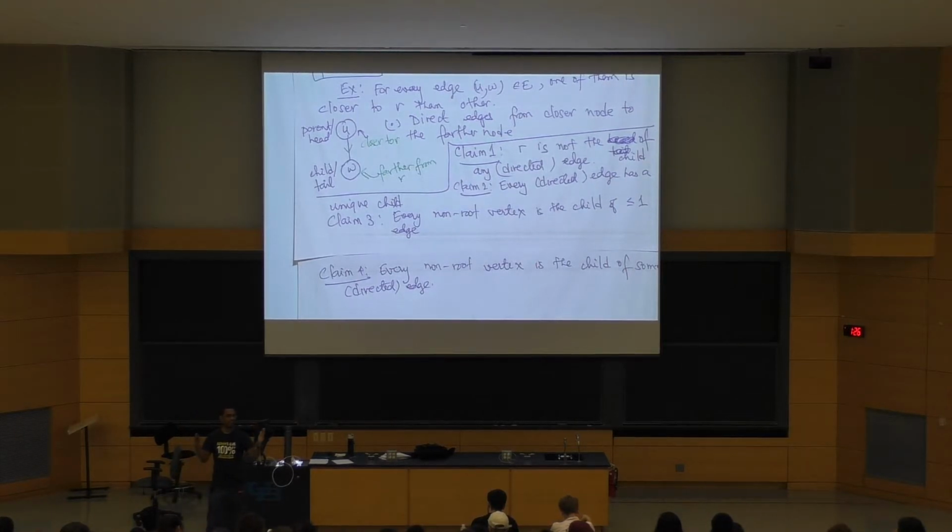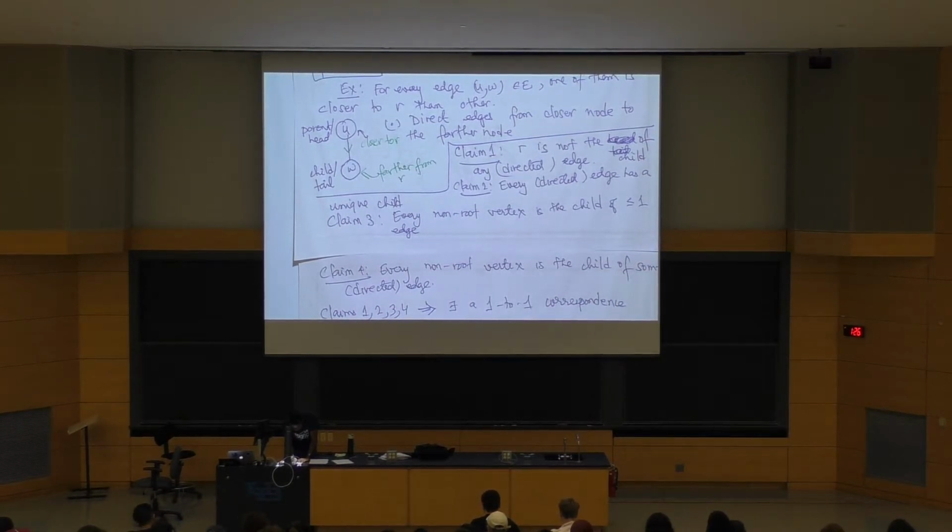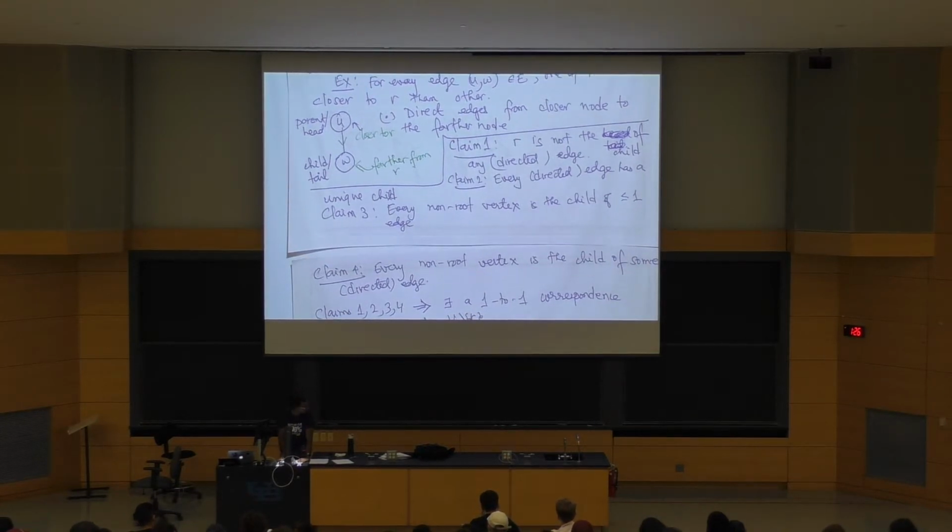So that means every directed edge has a one-to-one correspondence with all non-root vertices in the graph. Okay. So claims 1, 2, 3, 4 imply there exists a one-to-one correspondence between the edge set and the set of all non-root vertices.